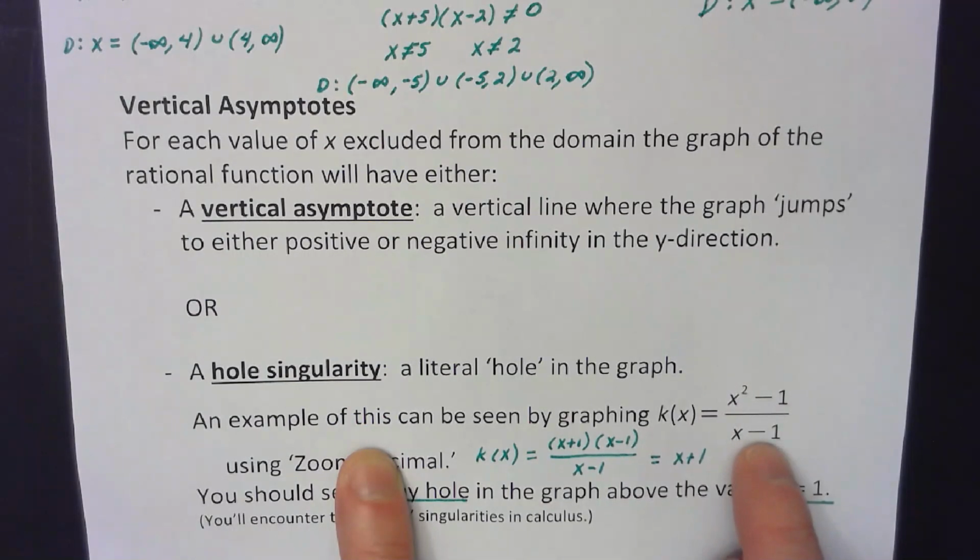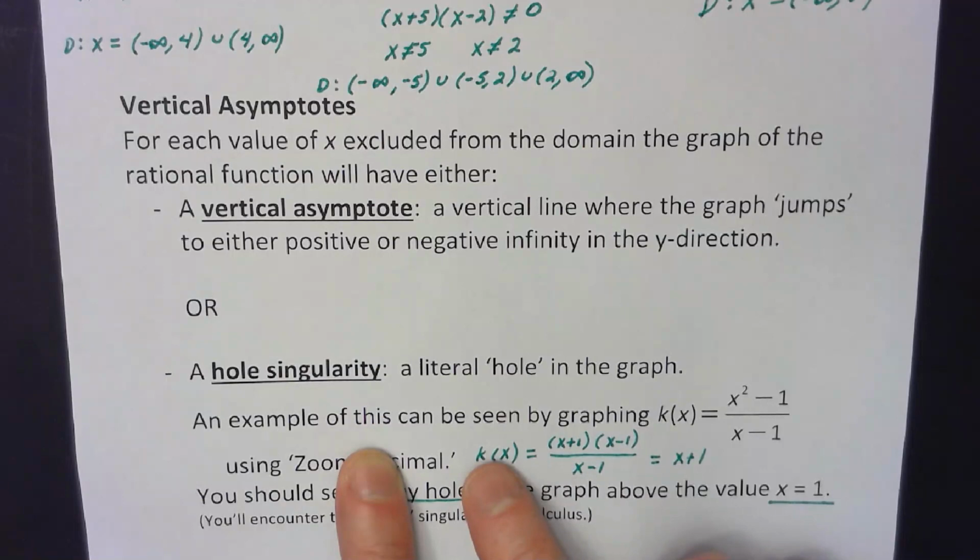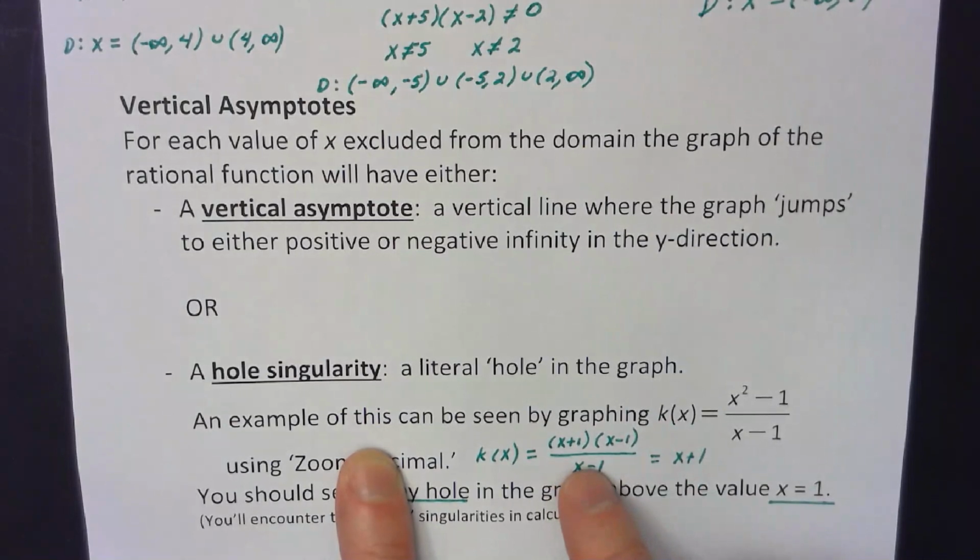Then that factor of x minus 1 in the numerator could cancel with the factor of x minus 1 in the denominator. The very value of x that causes k to not exist, namely x equals 1, cancels with the numerator. And so k of x is just the graph of x plus 1.